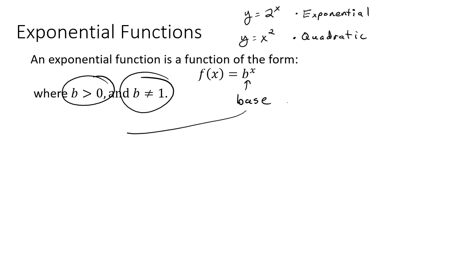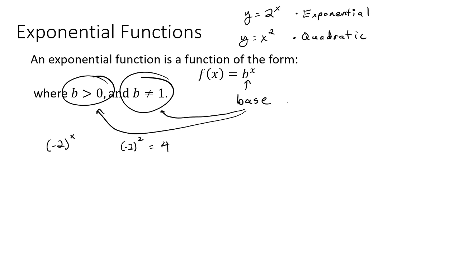There are some restrictions on the base, however, in order for this thing to function in an interesting or reasonable manner. The first is that the base has to be a positive number. The reason for that is, think about if we had a negative base. Let's say we had negative 2 to the x power. If you plug in a positive number for x, say 2, we would have negative 2 squared, which would be positive 4.